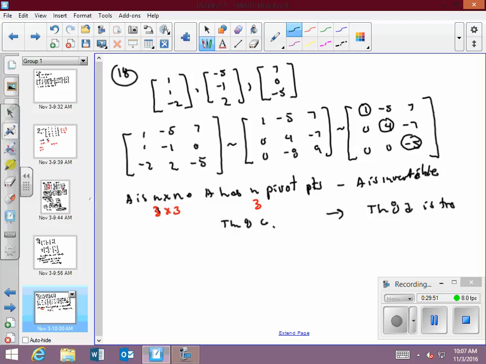So therefore, by example 5, the vectors form a basis for R3. Okay.